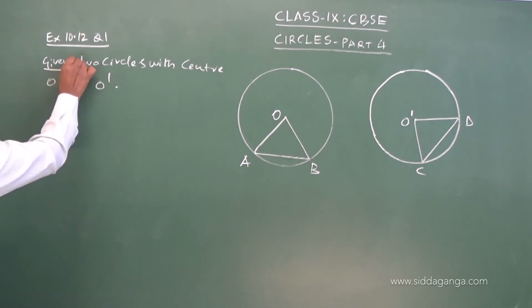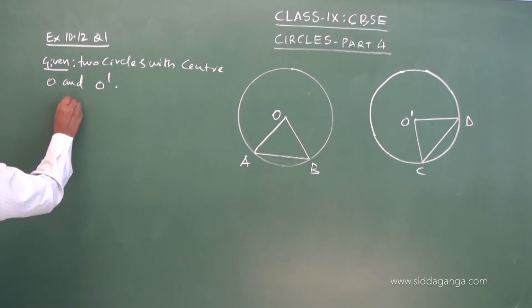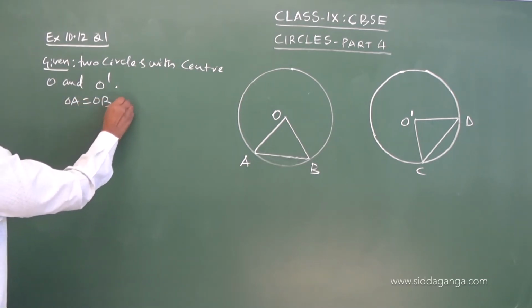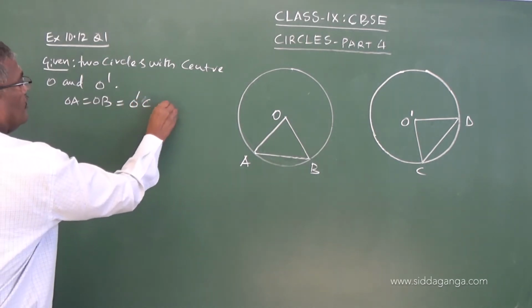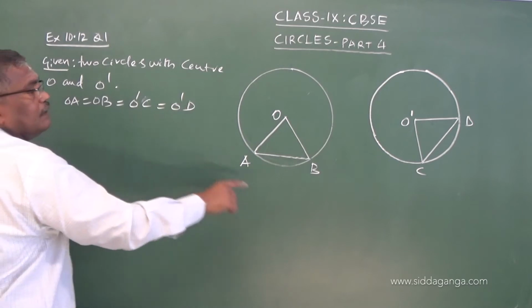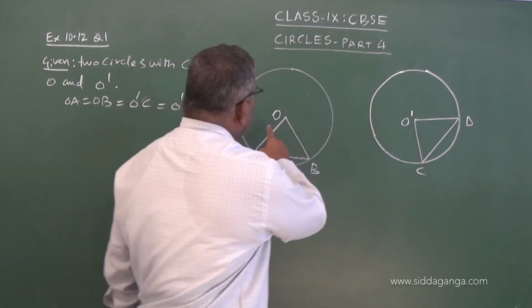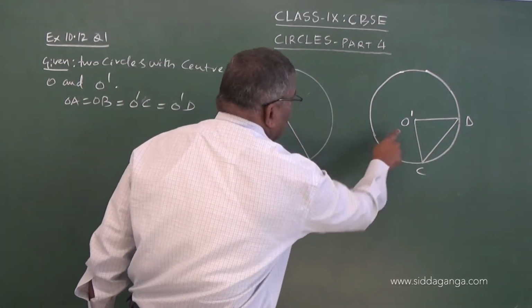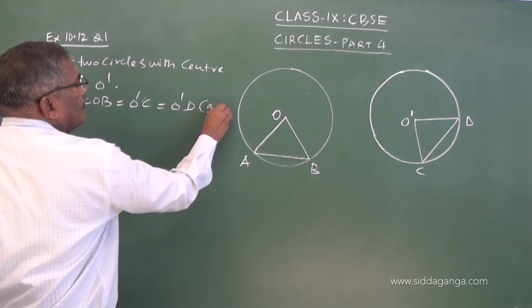This is the first given point. Second point, OA equals OB and is also equal to O dash C equals O dash D. You can see here O dash C is the radius of this circle and OA is the radius of this circle. It is given they are equal, same radii given.